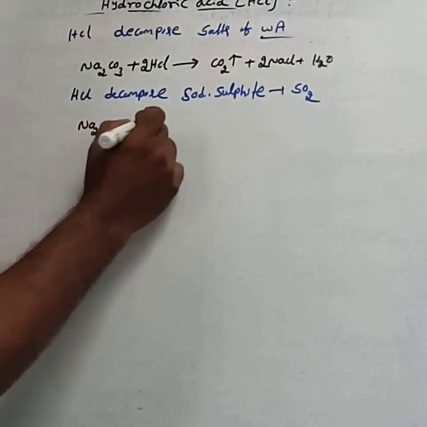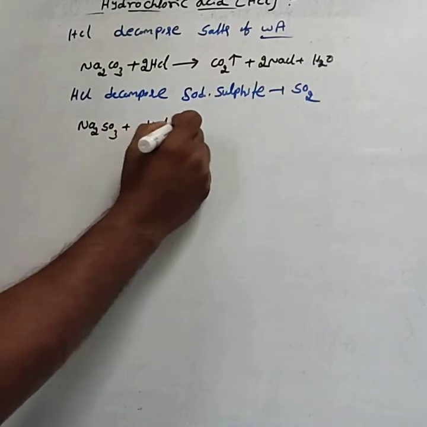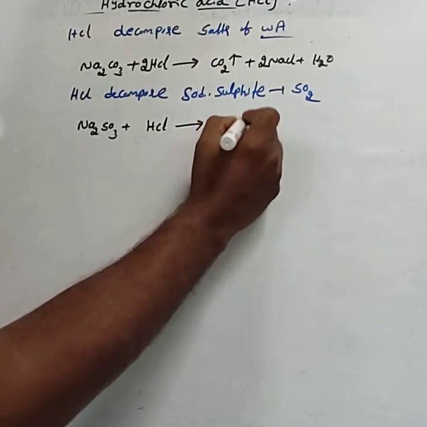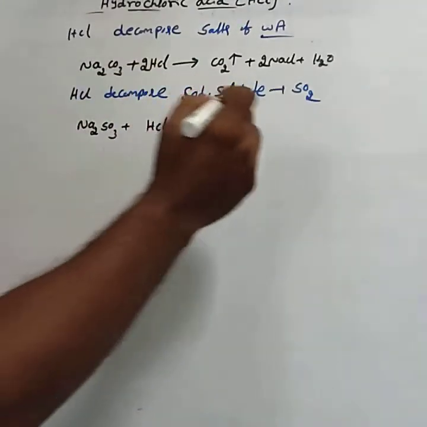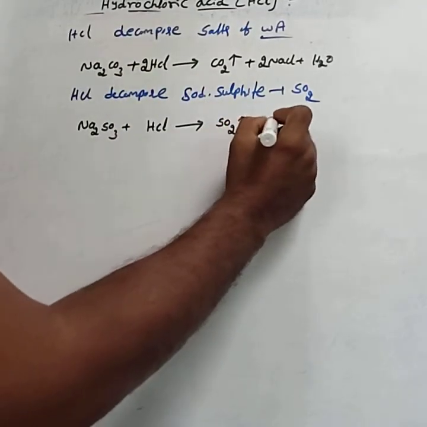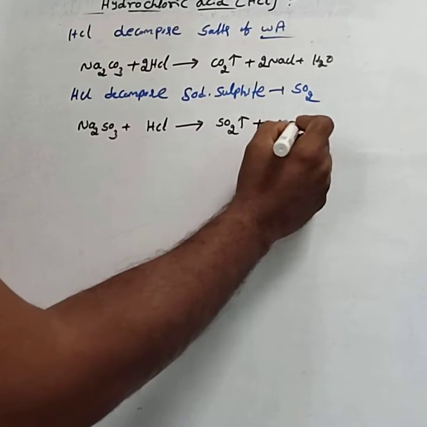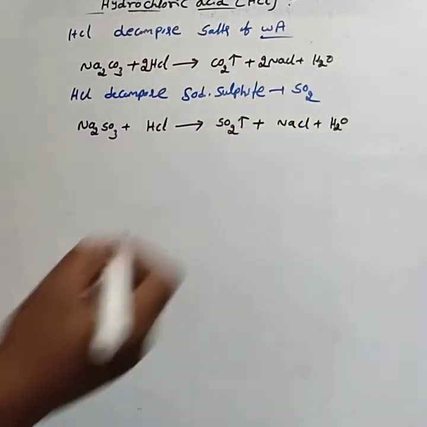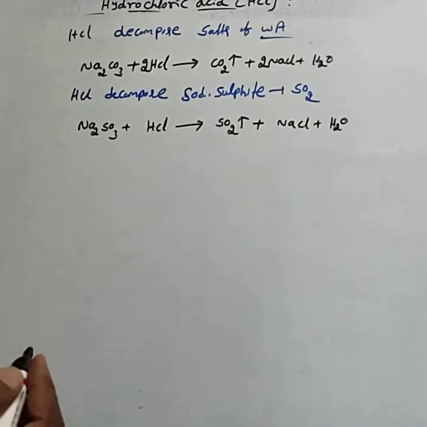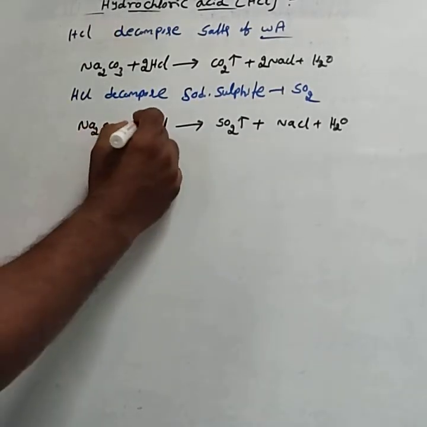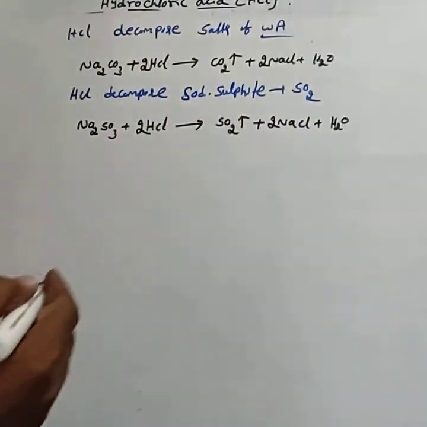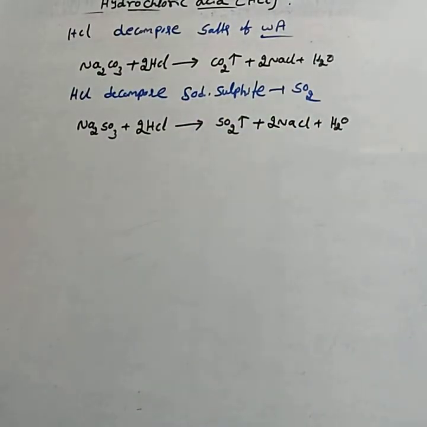If you add HCl, it decomposes sodium sulfite into sulfur dioxide. Here also you get a colorless gas, sulfur dioxide, liberating NaCl and H2O. To balance this reaction, 2HCl, 2NaCl. This is the reaction with sodium sulfite.